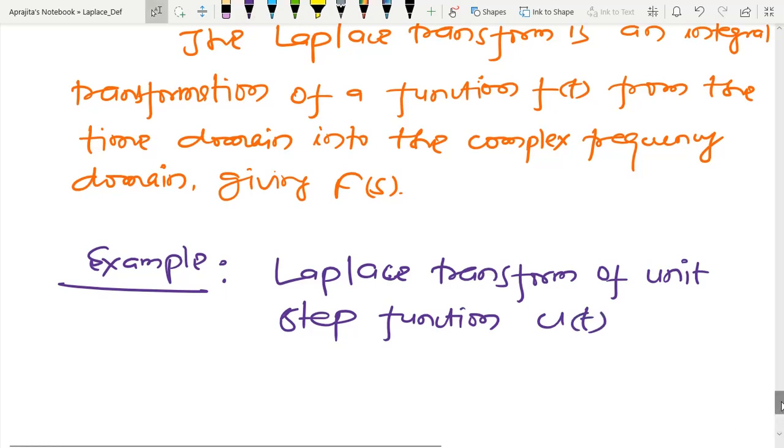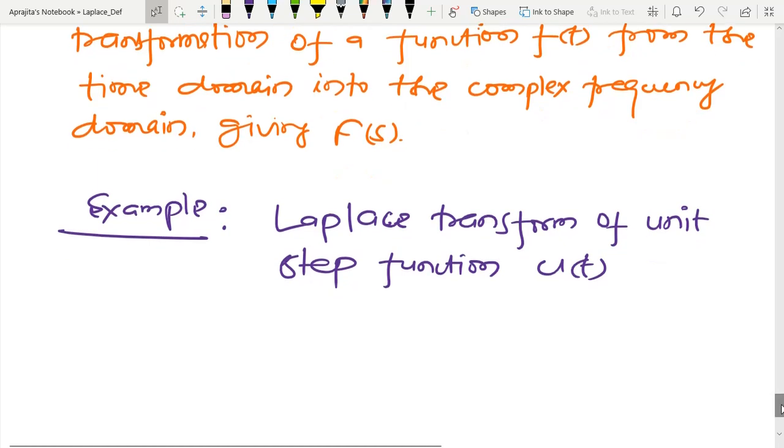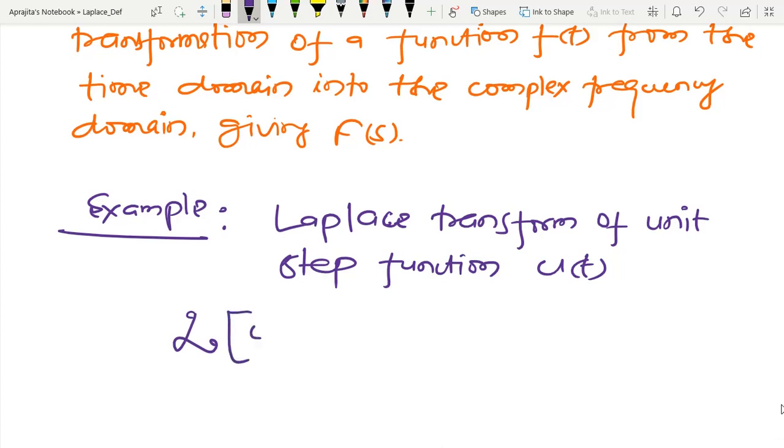So basically I am talking like this. The Laplace transform of the unit step function: I have to do integration from 0 minus to infinity, and the function is like this, times dt.